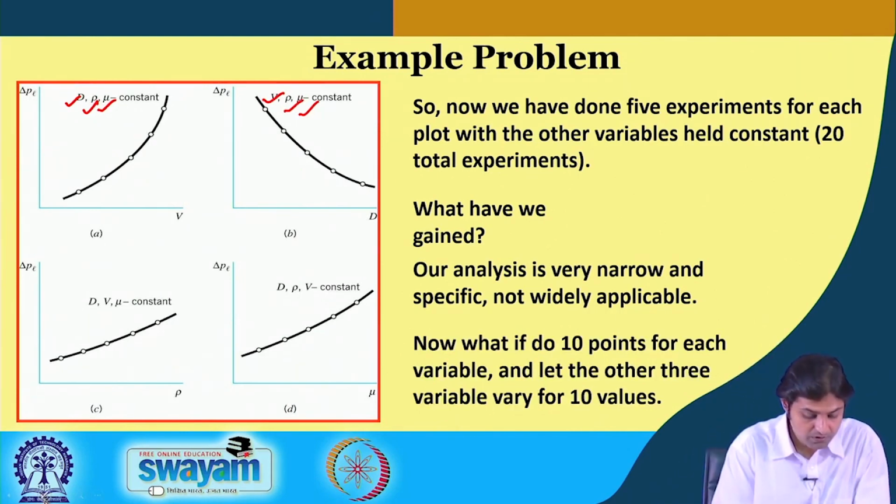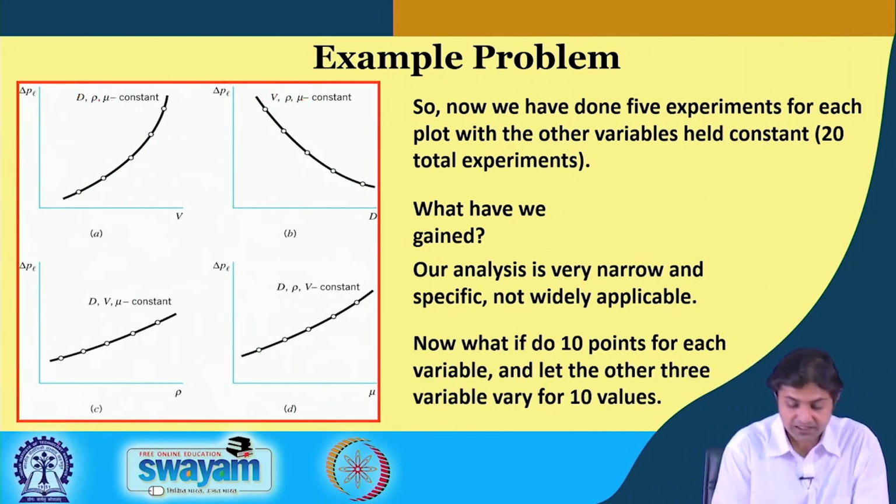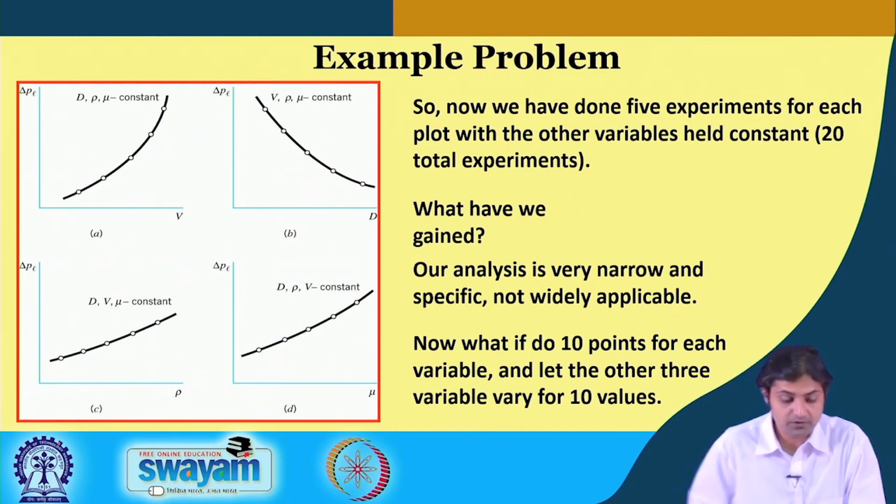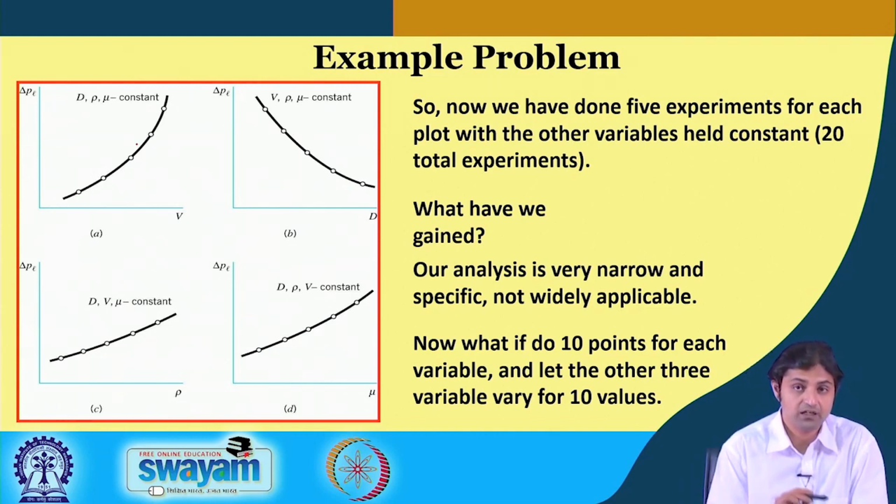Now, if we decide, okay, we will do 10 points for each variable, and let the other 3 variables vary for 10 values. So, instead of 5 here we do 10.